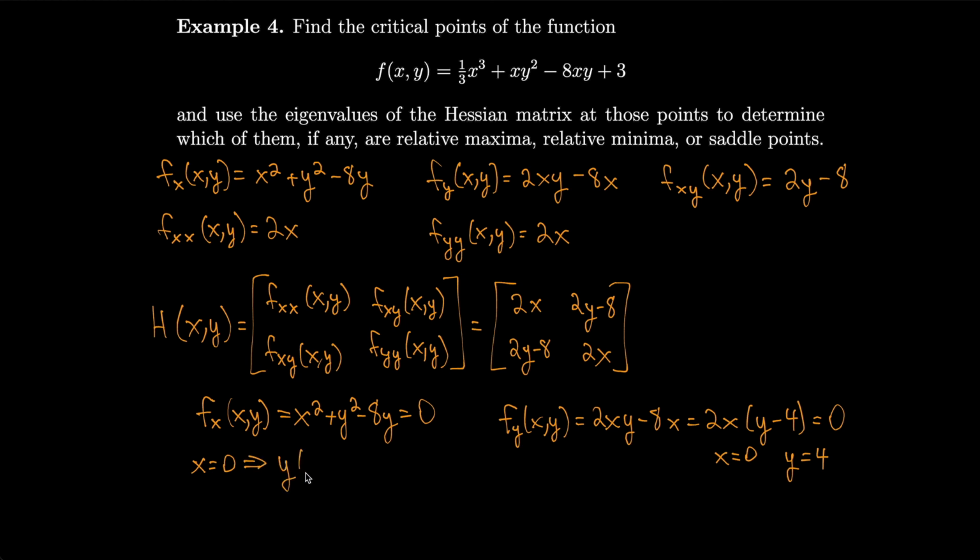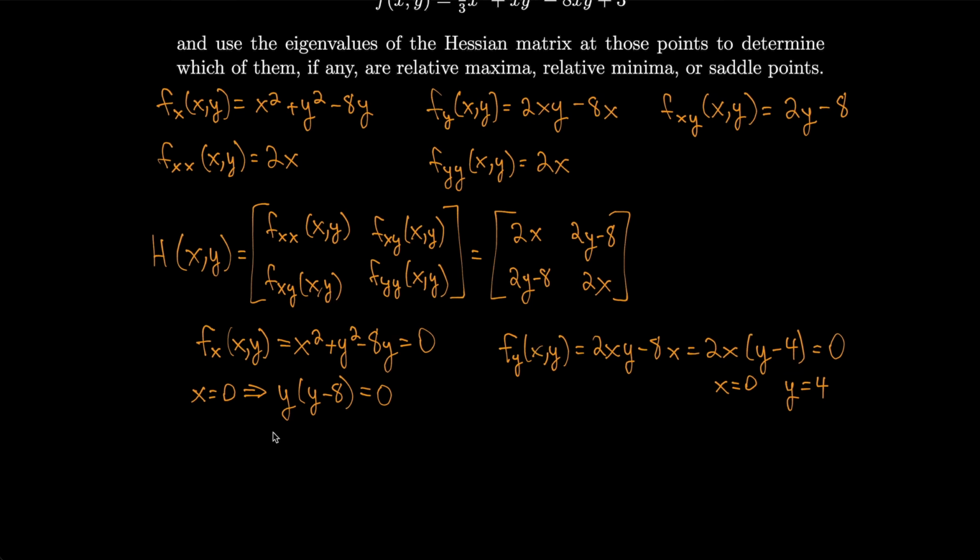How about we first try x equals 0 in the first partial derivative equation. That gives us y times y minus 8 equals 0, because we can factor out the y from y squared minus 8y equals 0. That gives us y equals 0 and y equals 8. Now let's test y equals 4.